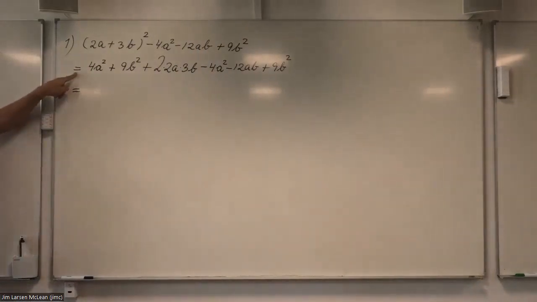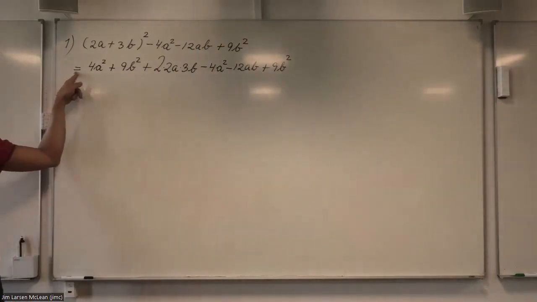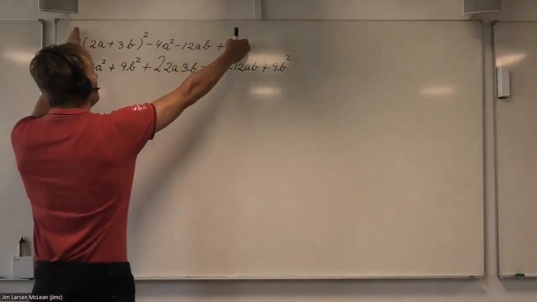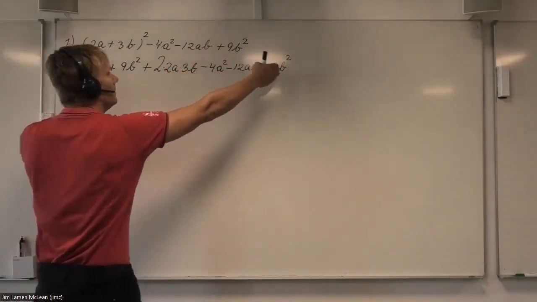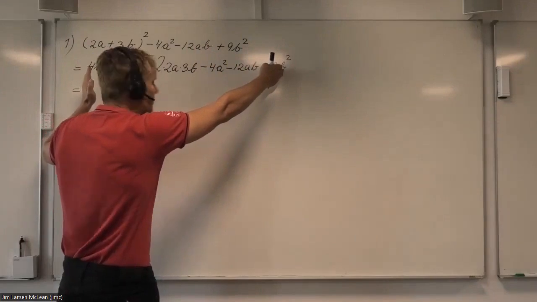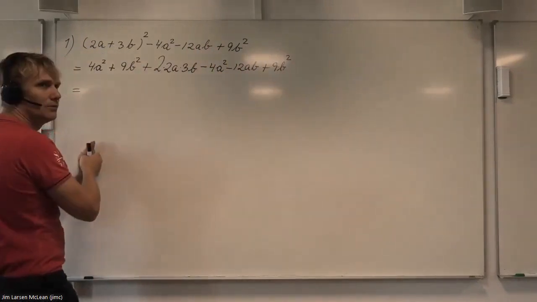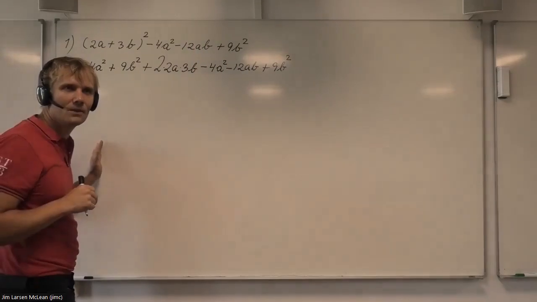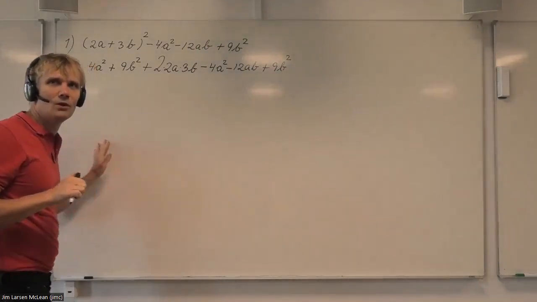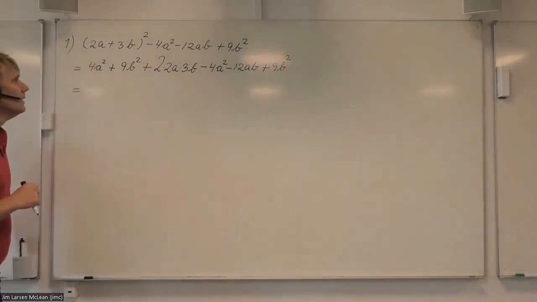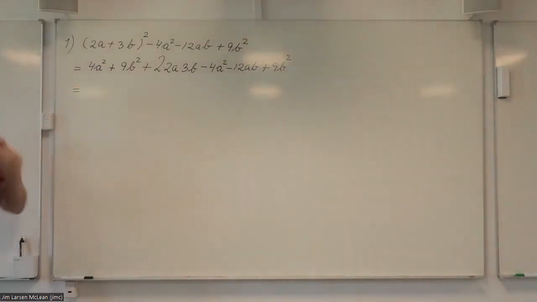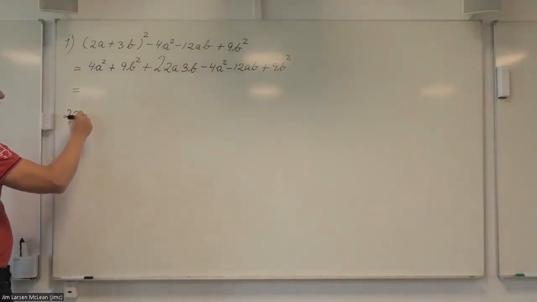And notice that you don't use equivalence symbols when reducing, you use equal signs, because for any value of a and b, this is the same as that, which is the same as that, and so on. So no equivalence symbols at this point. By the way, that equal sign is not the same equal sign as here, and it's probably the first time you're hearing this.